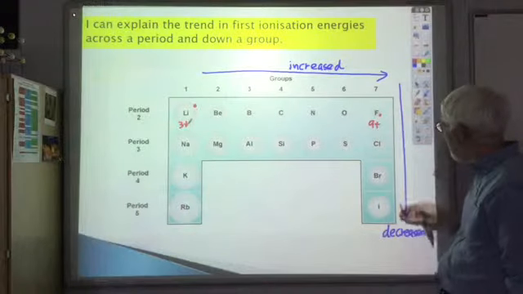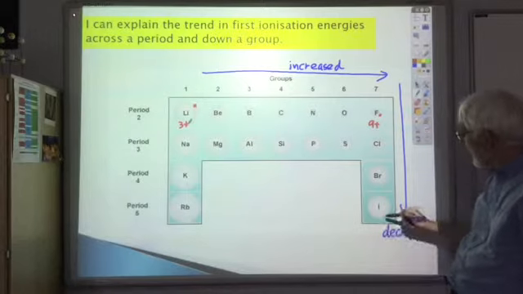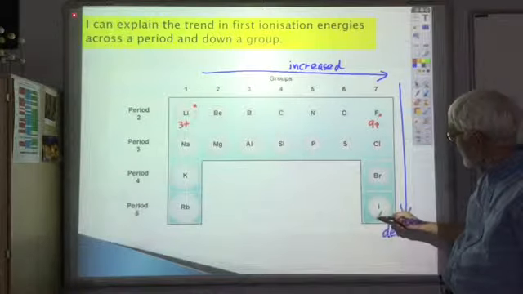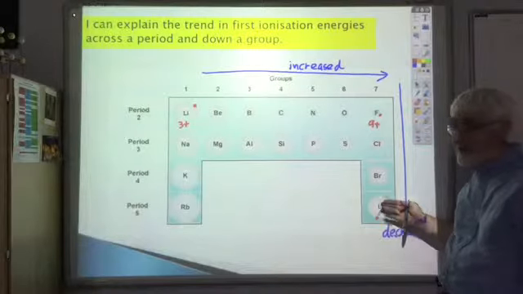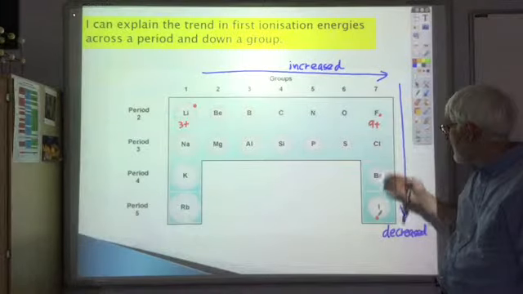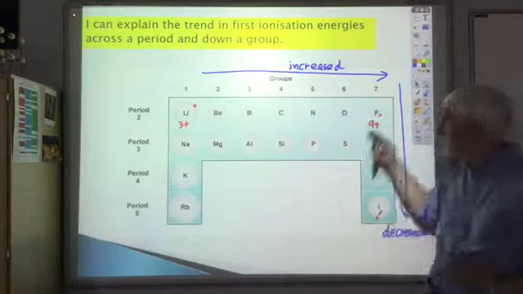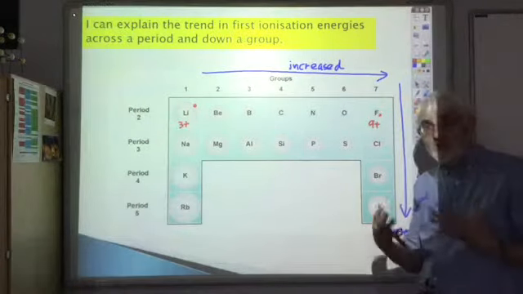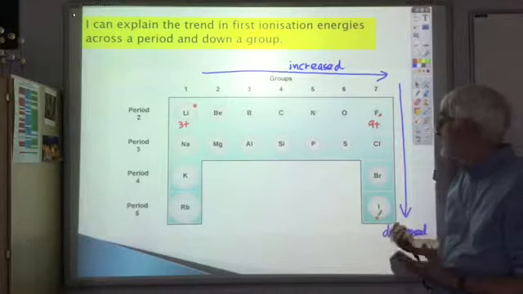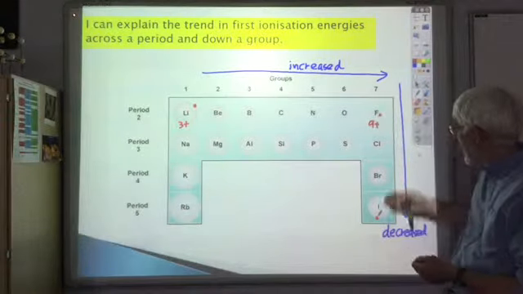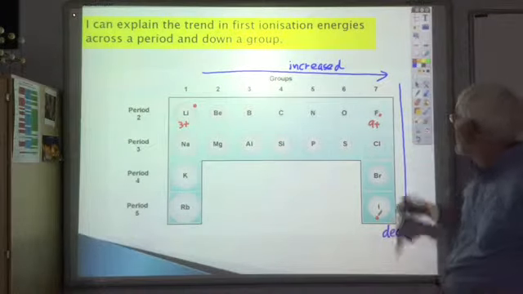And the decrease down a group, well, the electron that's being removed in iodine is a lot further away from the nucleus than in fluorine because of the increasing number of electron shells as you go down the group and the shielding effect of the inner electrons. So once again, those two factors are the reason why the ionisation energy decreases as you go down the group.